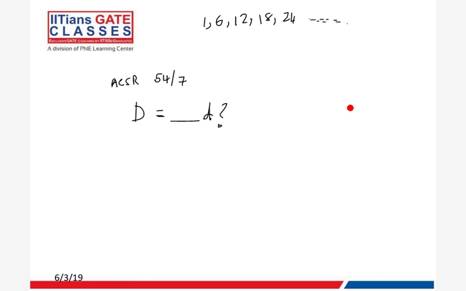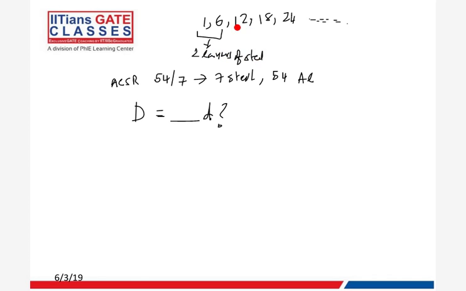All right. So, ACSR 54 by 7. That means 7 steel and 54 aluminum, right? So 6 plus 1, that is 2 layers of steel.